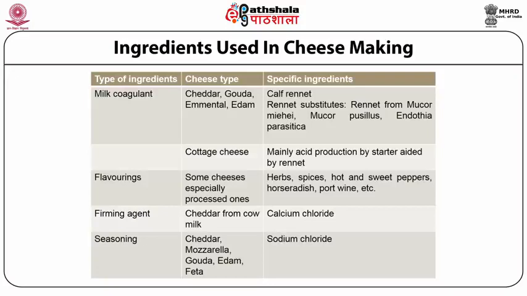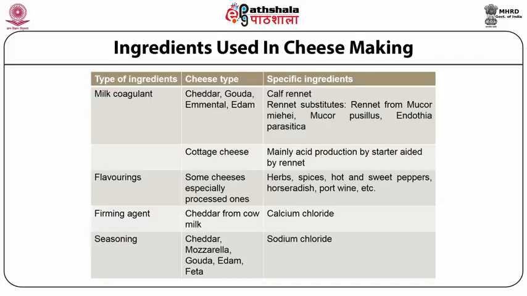Continuing with the ingredients used in cheese making, the next ingredient is the milk coagulant. For preparation of cheeses like cheddar, gouda, emmental and edam, you can very well use calf rennet. However, based on some religious grounds, people would not like to take a non-vegetarian source, that is calf, and hence rennet substitutes have appeared in the market.